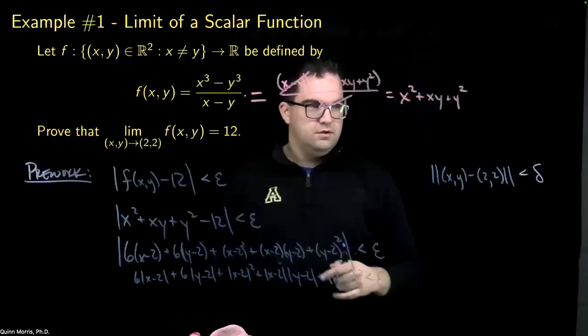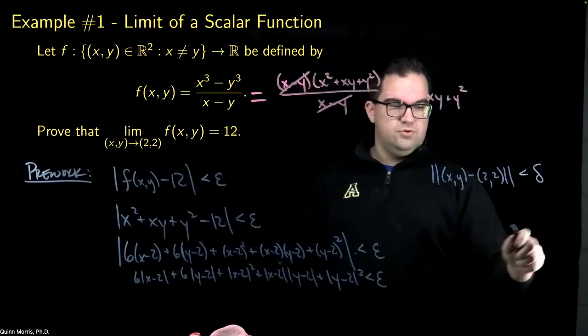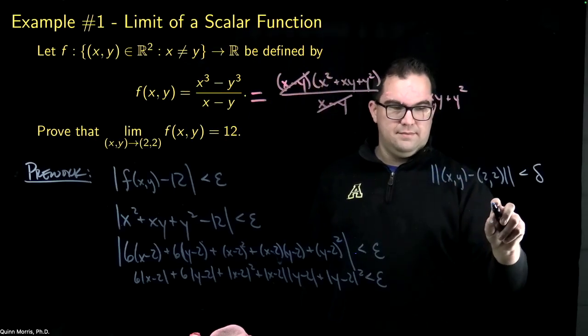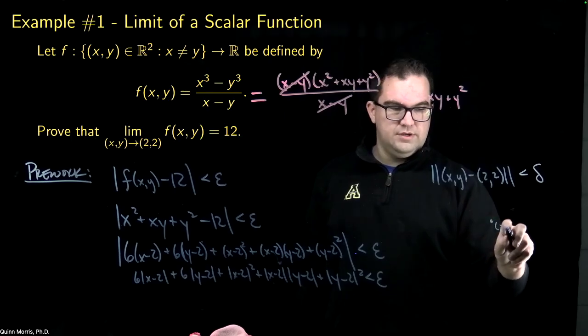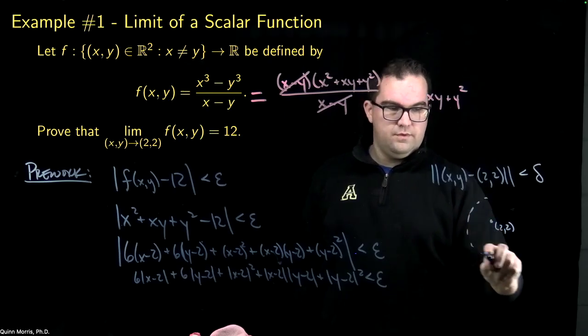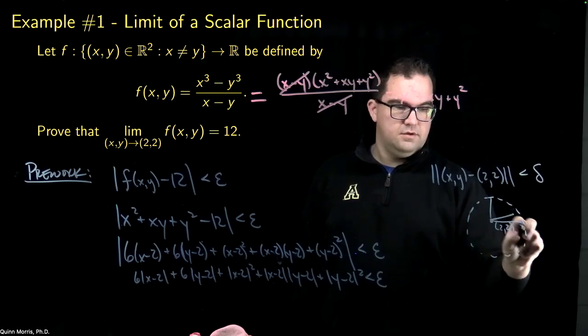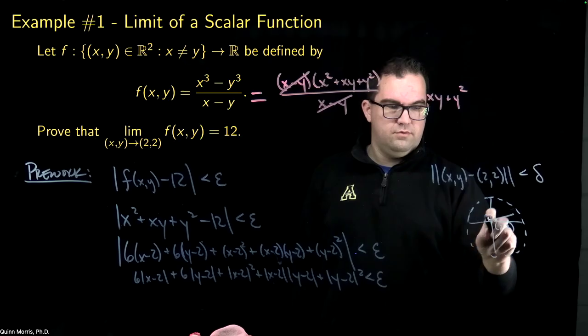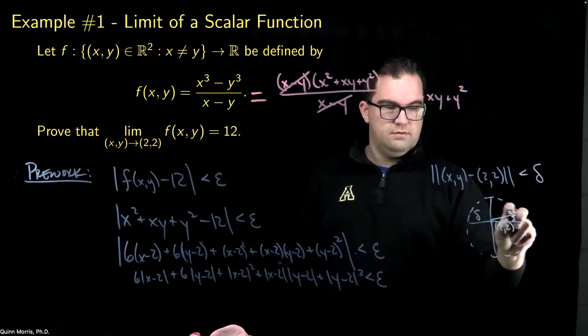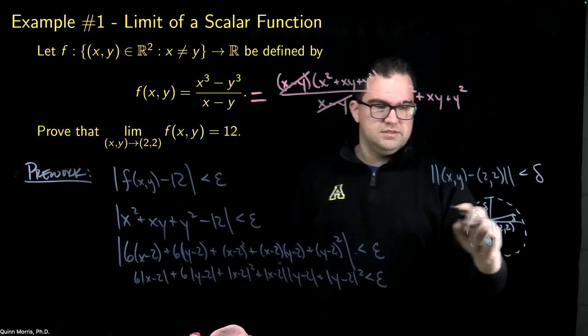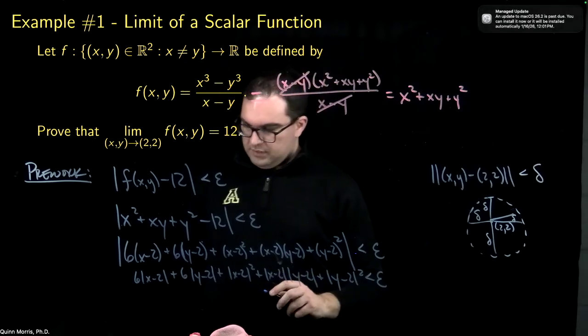That's my goal. If I think about this, what this is doing is defining a circle in the plane centered at the point (2,2) of radius delta. So in any direction I go, the worst this could be is delta.